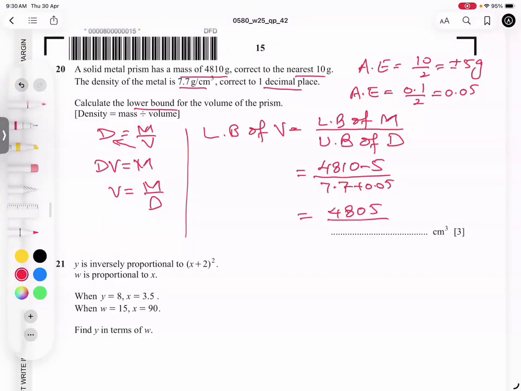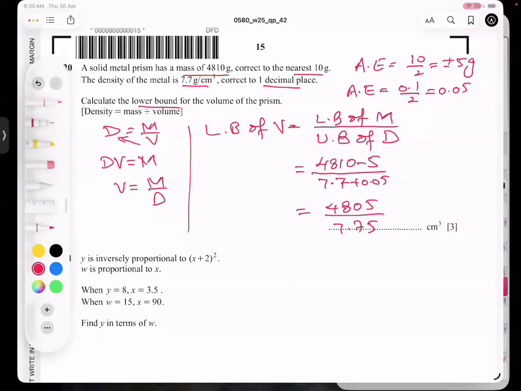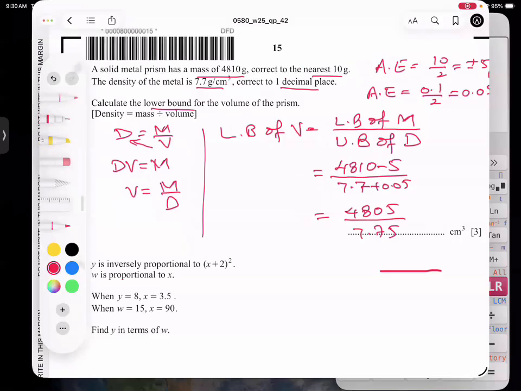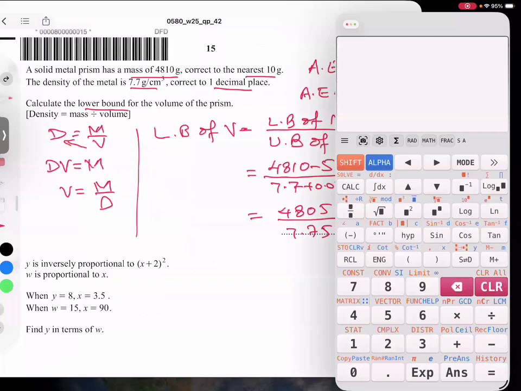And here I'm getting 7.75. If I divide that, you can see, so I'm dividing 4805 divided by 7.75, and we are getting 620. I hope the point is very clear.